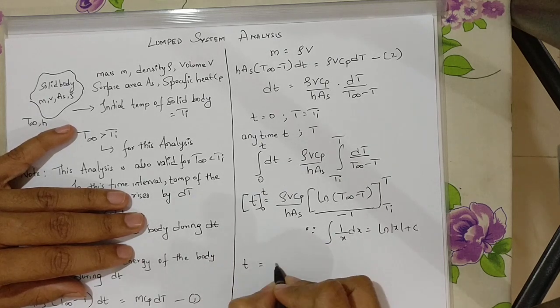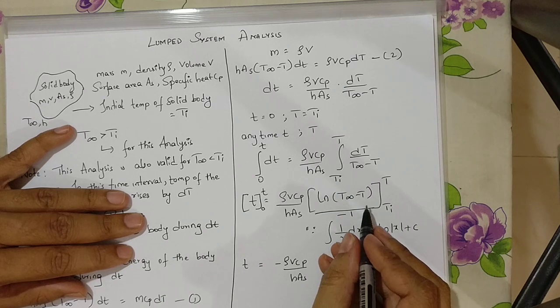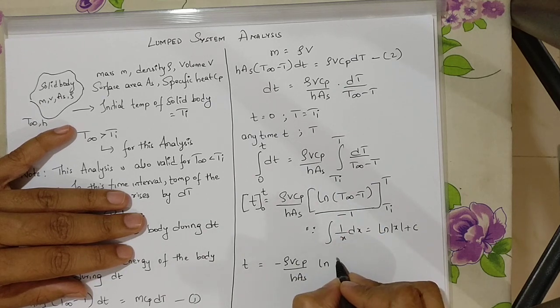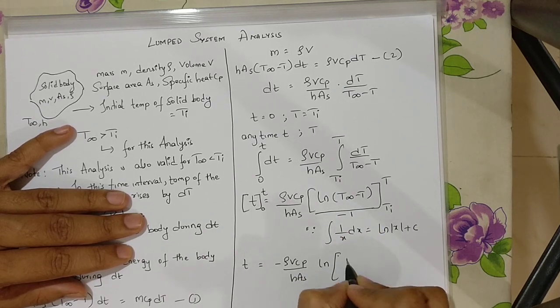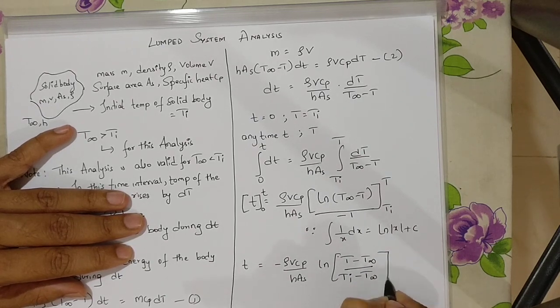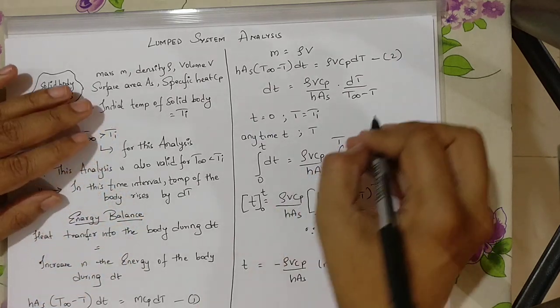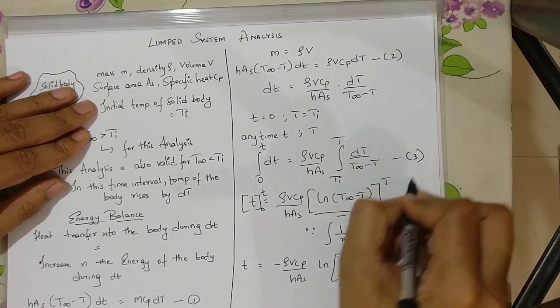So t is equal to, with this minus sign here, minus rho V Cp by hA_s times ln of (T minus T infinity) divided by (Ti minus T infinity), right? Let me write this as equation number 3.